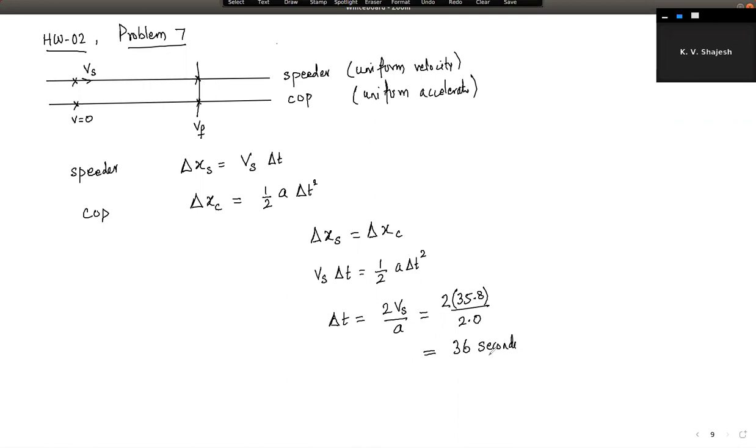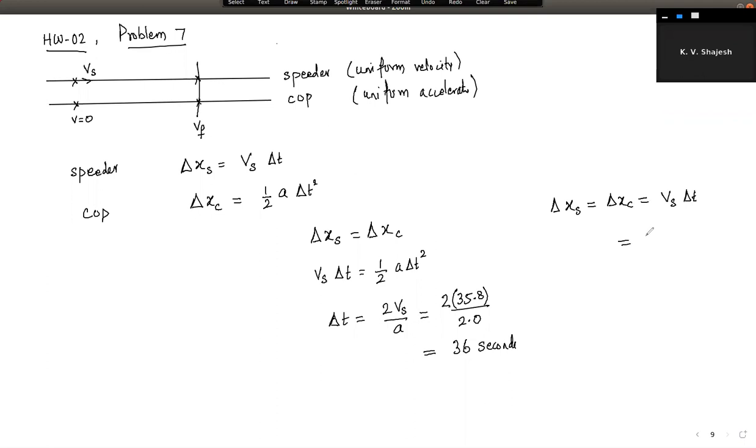But once we have the time, we can also calculate how far the cop or the speeder traveled since they crossed. So we can ask what is the distance delta x, which is the same for the speeder and the cop. We can use either one of the formulas, so let's use the simpler one, Vs times delta t.